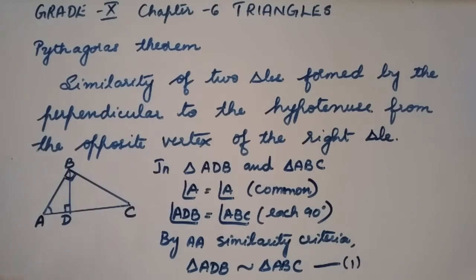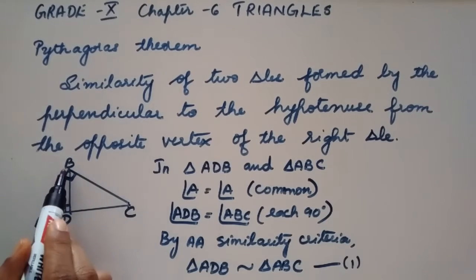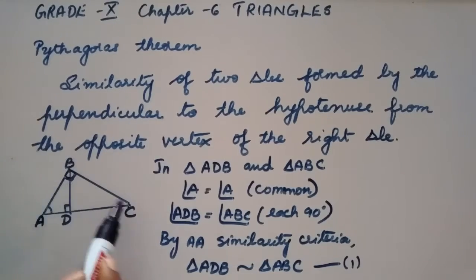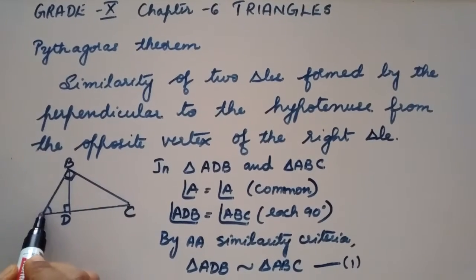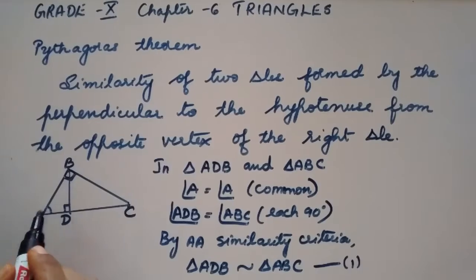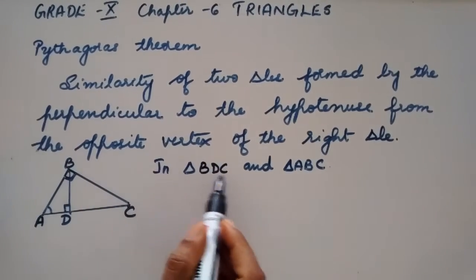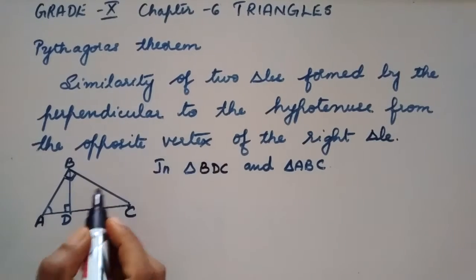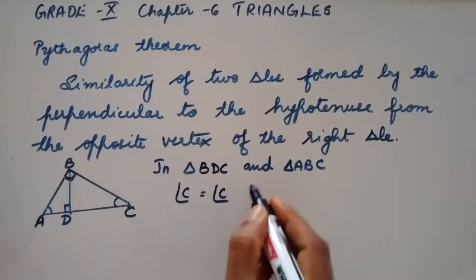Now let us observe the triangles BDC and again the whole triangle ABC. At first we took triangle ADB and the whole triangle ABC. Now next we are taking triangle BDC and the whole triangle ABC. In triangle BDC and triangle ABC, we have angle C as a common angle for both the triangles.